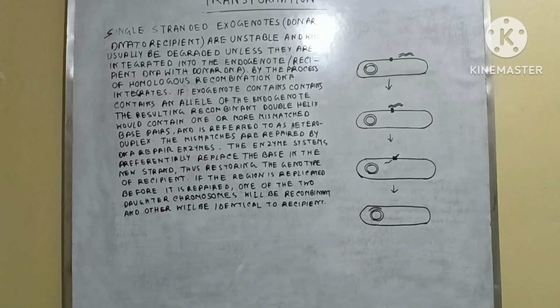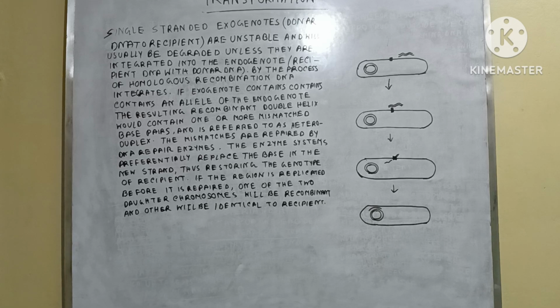Here the single-stranded exogenotes are unstable and will usually be degraded unless they are integrated into the endogenote. So what are exogenotes?